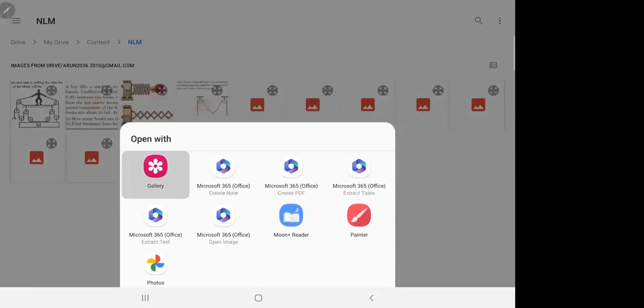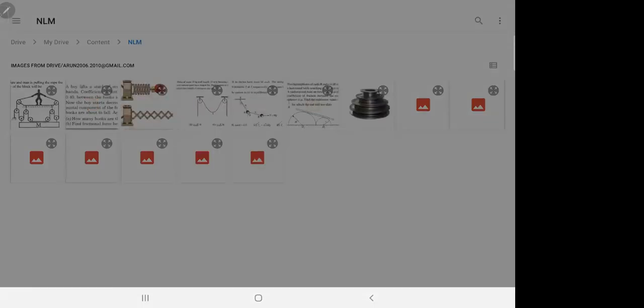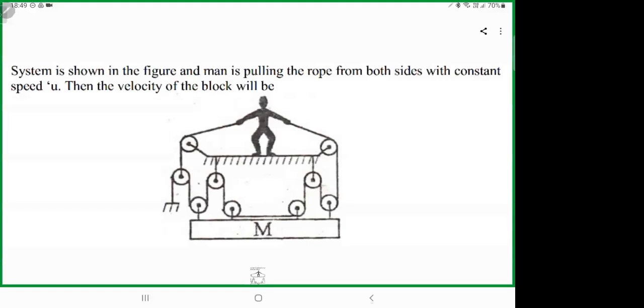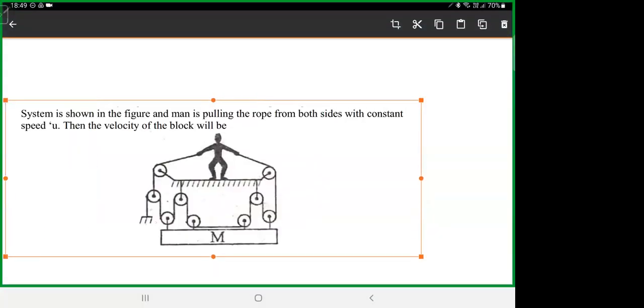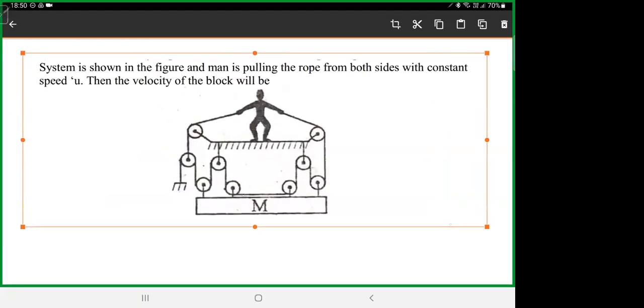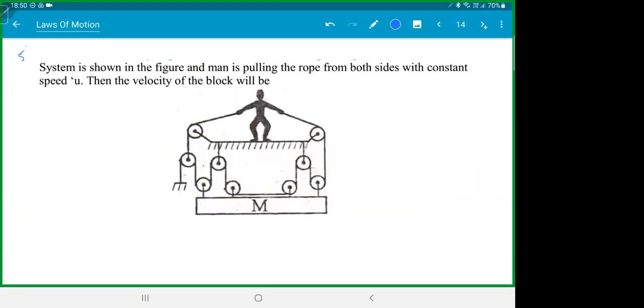Let's do this one. The man is pulling the rope from both the sides with a constant speed u. That means he's catching both the sides and is pulling with u.